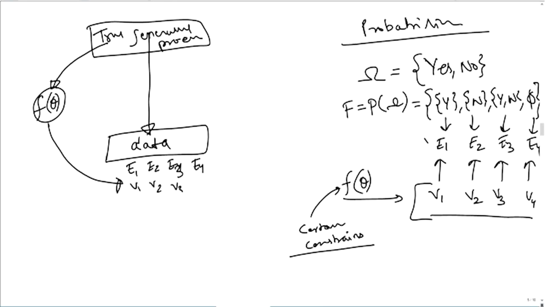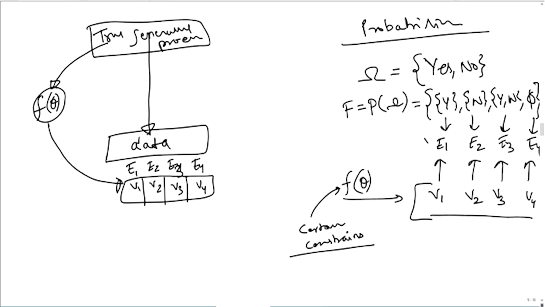Let's say these are the events E1, E2, E3, E4. It assigns real values V1, V2, V3, V4. These values would imply which event would be more likely to occur in this experiment and which event would be less likely to occur. So for example, if you repeat this experiment, which event would be more likely to occur and which would be less likely to occur? That's one interpretation of what these probability values are. So this is the basic idea, that we do not know what the true generative process is.